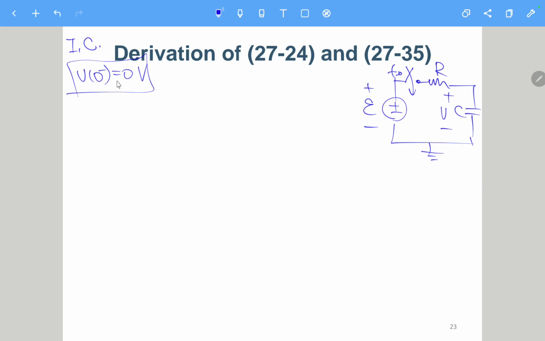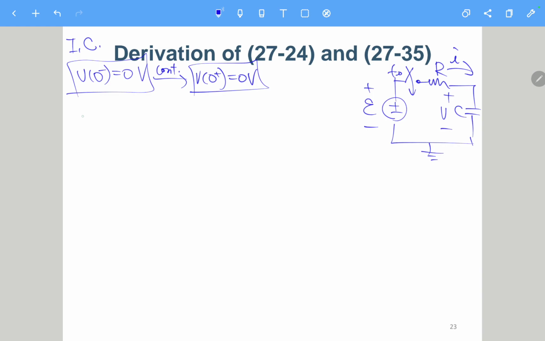And if you still remember, the voltage of a capacitor is continuous. So as much as this is continuous, we should have V(0+) is also 0 volt. Okay, and also for the capacitor, we expect the current is I, because it's a single loop, we only need to assume a single current.